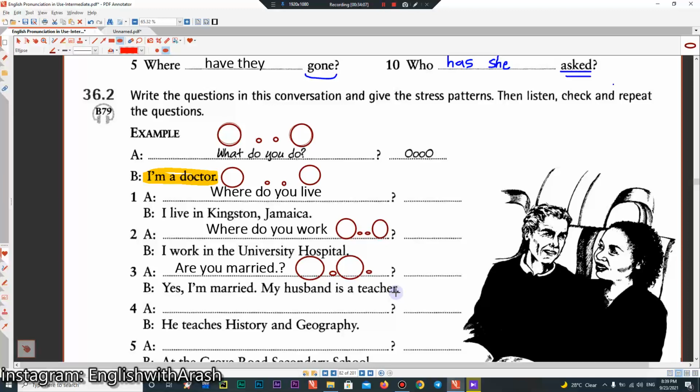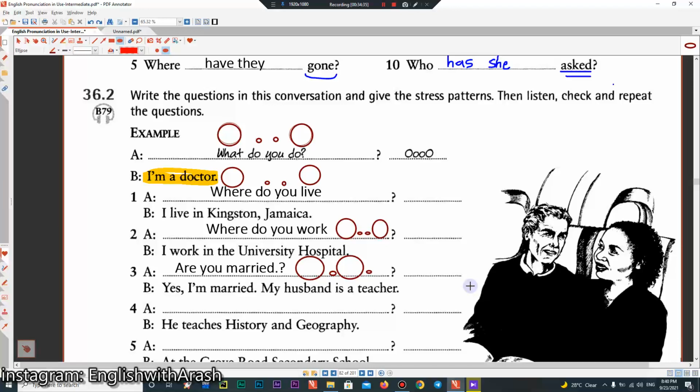Are you single? However, if the word was upset, I would say, are you upset? It would sound like this. Are you upset? Because upset, stress is on set. That's different. But for married, I know stress is on ma. Are you married? Good. Number 4, Keshtkar says, what do you teach?